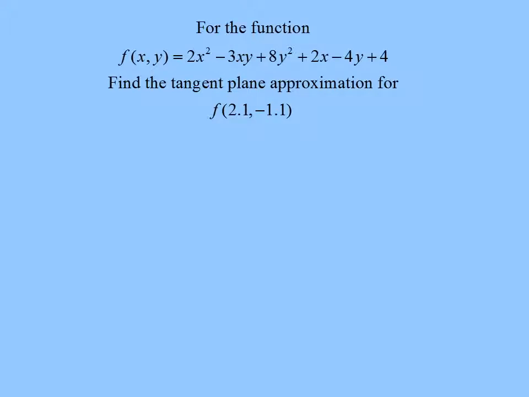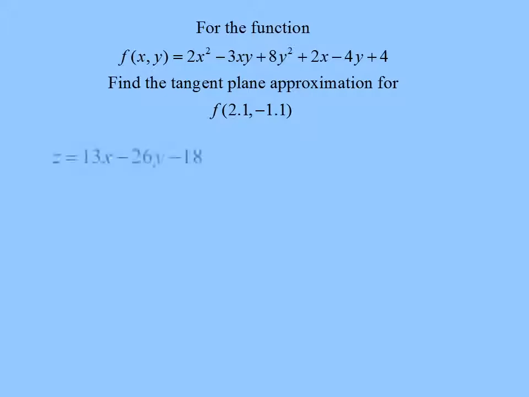Now, just like in Calculus 1, as long as we are sufficiently close to the point 2, -1, we should be able to use the equation of the tangent plane as an approximation for the surface. They are going to be pretty close, as long as we're close to the point. So this is called a linear approximation or tangent plane approximation.